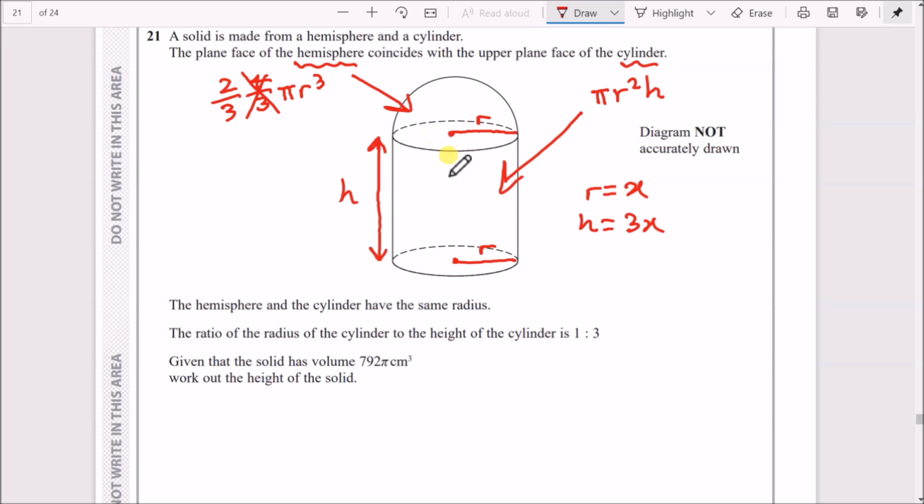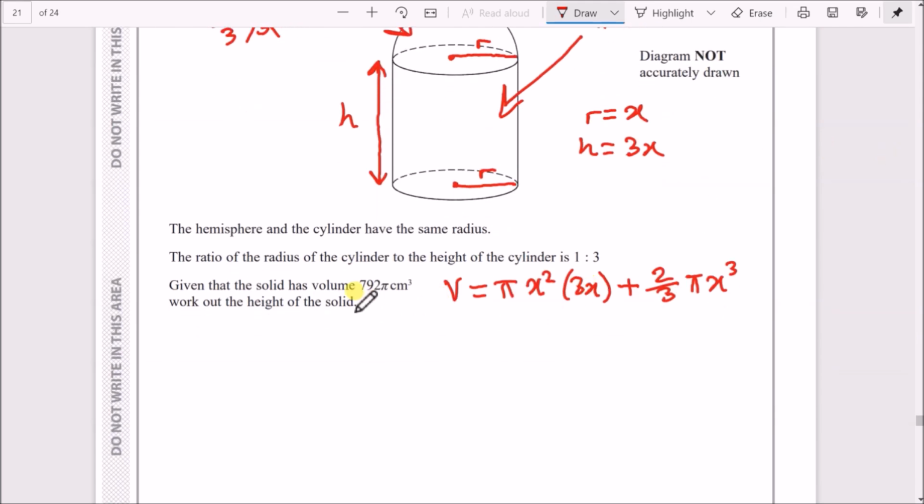It's telling us that the combined total equals 792 pi. So let's write down here that the total volume V equals the cylinder, so pi r squared h. Instead of r and h, I'm going to place r as x and h as 3x. So it can be pi x squared times 3x, plus the other shape, the hemisphere, so 2/3 pi x cubed.